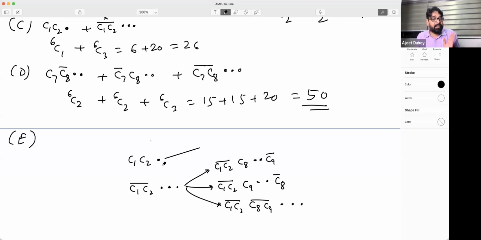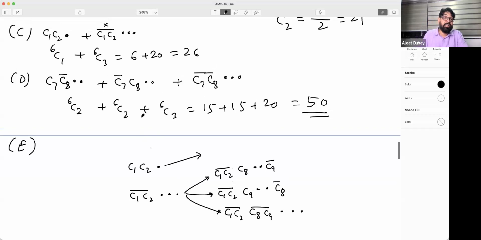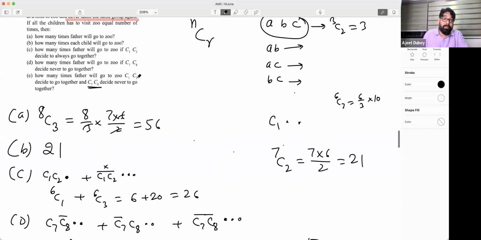Everybody understood the logic? C1, C2 is there, and one more child is there. That's all, so here I don't have any confusion. Why no confusion, sir? Because they are saying C1, C2 come, whenever coming, this should not come. Surely it will not come because already 2 children you have taken, C1, C2. So how can C7, C8 come together? Impossible.